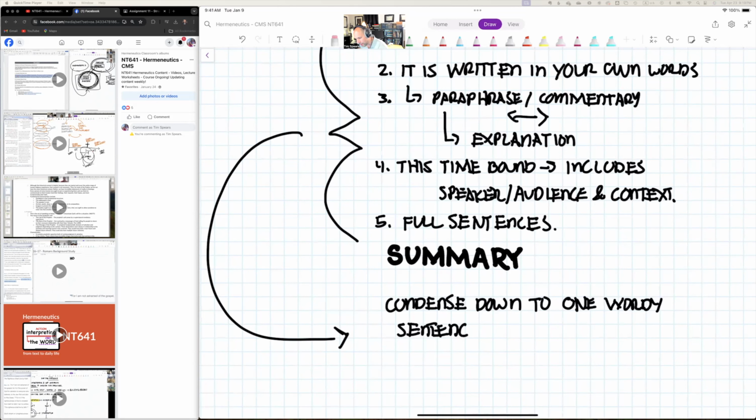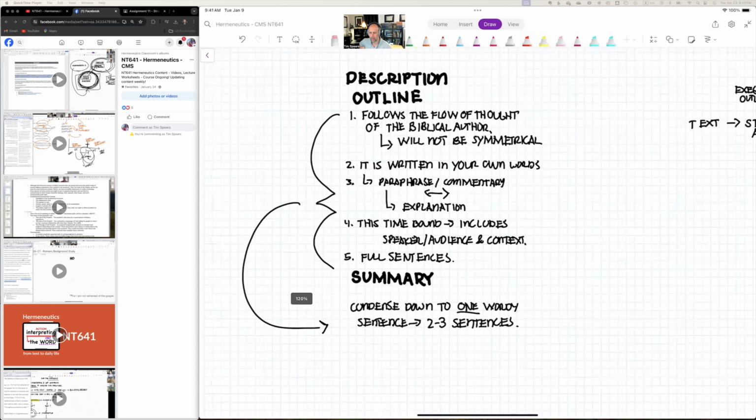In fairness, this could also be 2 to 3 sentences. It has to be shorter than the exegetical outline. Ideally it should be 1 sentence, though 2 to 3 sentences can also work.